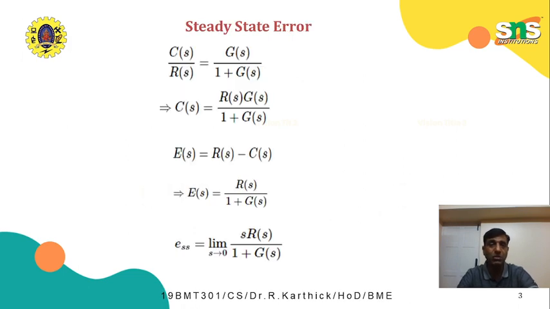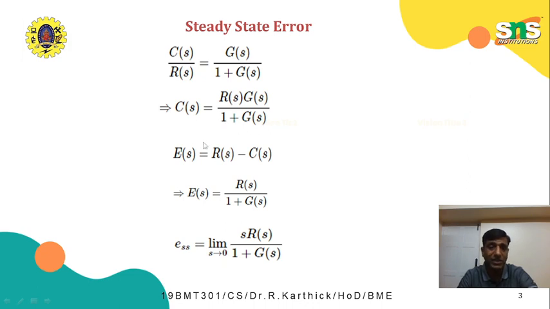Now the closed loop response of any control system is given by C of s by R of s is equal to G of s divided by 1 plus G of s into H of s. Since we have considered a unity feedback system, H of s is equal to 1. From this, C of s is equal to R of s into G of s divided by 1 plus G of s into H of s.